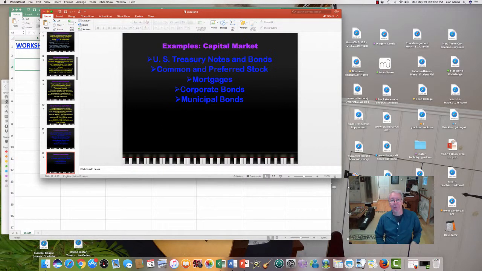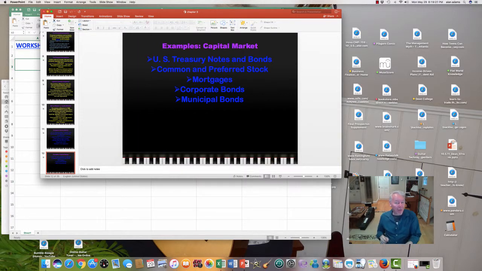the capital market, okay? Here are some examples, moving over on page 48 to the top of 49, of the capital market. T-notes and T-bonds. Those are still instruments of the United States government, but they have longer maturity dates. A treasury note matures in more than a year, but less than 10 years.